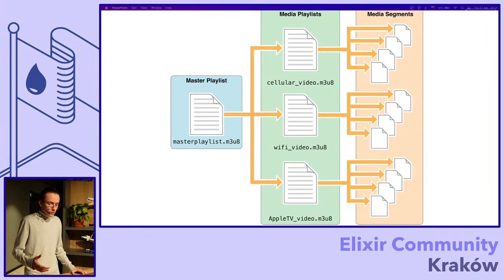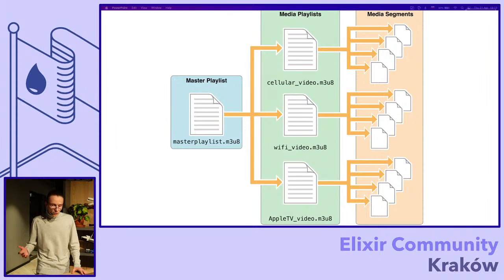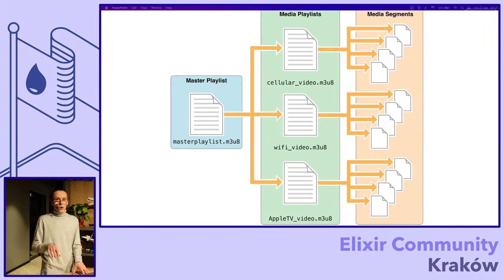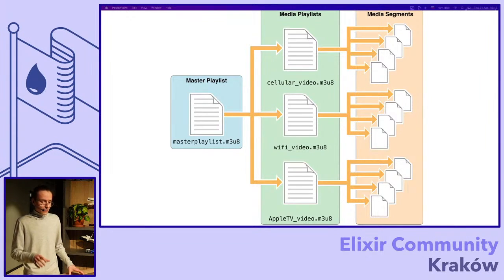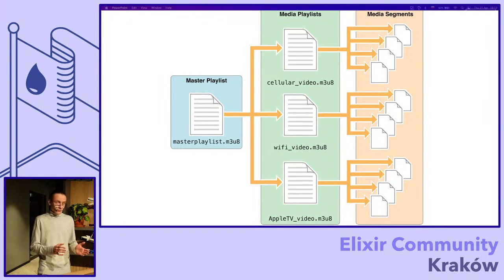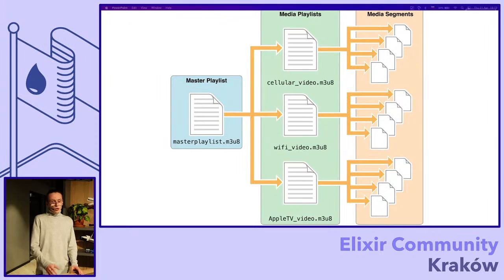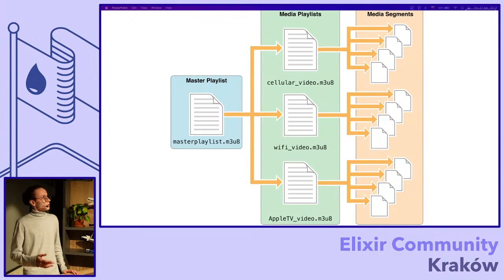We can have cellular video, we can have Wi-Fi video, we can have full HD videos, and each of these media playlists can have its own media segments. These media segments are just files, for example 2 or 5 seconds long videos or audios, which can then be served using just HTTP.